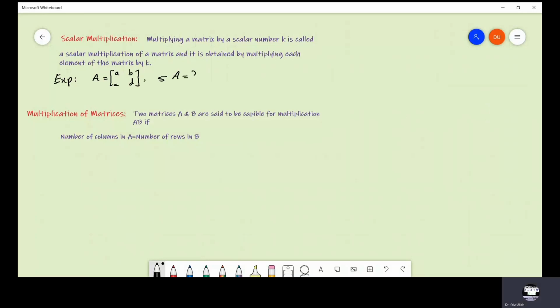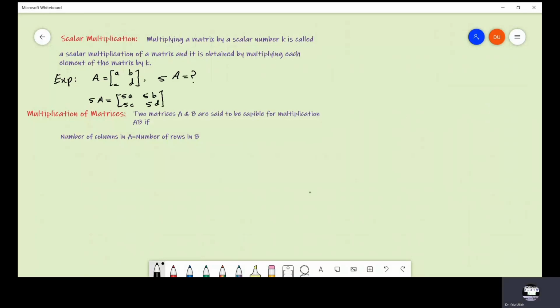In this case, K is 5. So to obtain 5A, we should multiply each element of A by 5. So we can multiply A with 5. We can multiply B with 5. We can multiply C with 5. And similarly, we can multiply D with 5. And this is 5A, which is scalar multiplication of a matrix A with a scalar number 5.